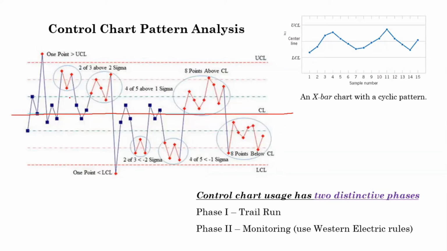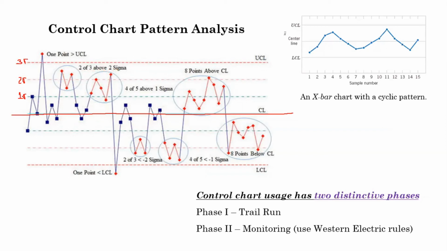The second one is if you have 3 consecutive points. Now here you have 1, 2, 3 consecutive points. So 2 out of the 3 consecutive points are above the 2 sigma level. This is 1 sigma, this is 2 sigma, and this is 3 sigma.